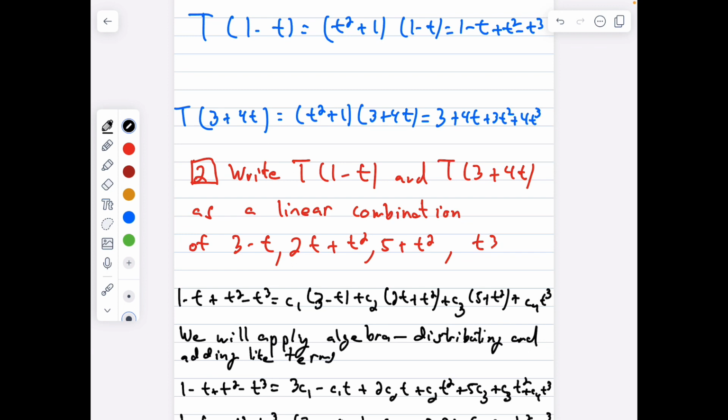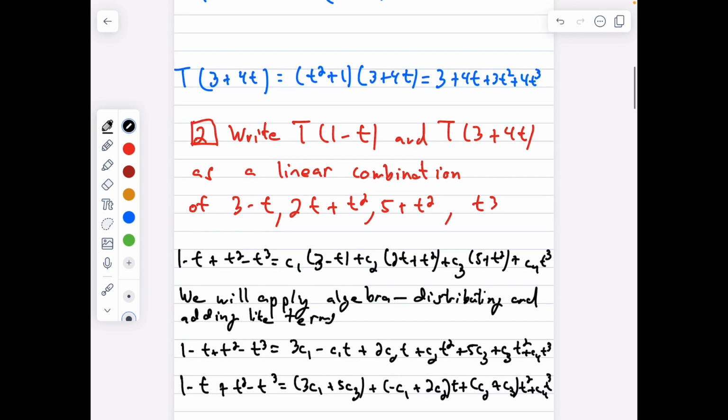So I'm going to write each of those images in terms of these vectors. The first image was 1 minus t plus t squared minus t cubed. That's equal to, I'll call the constants C1, C2, C3, C4: C1 times (3 minus t) plus C2 times (2t plus t squared) plus C3 times (5 plus t squared) plus C4 times t cubed.